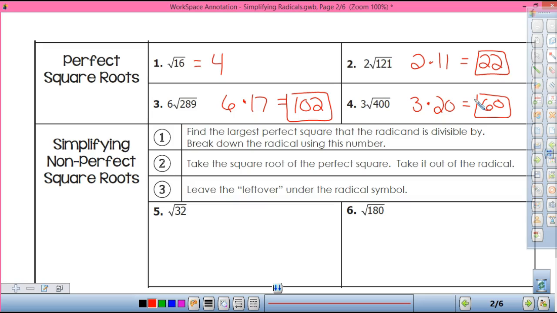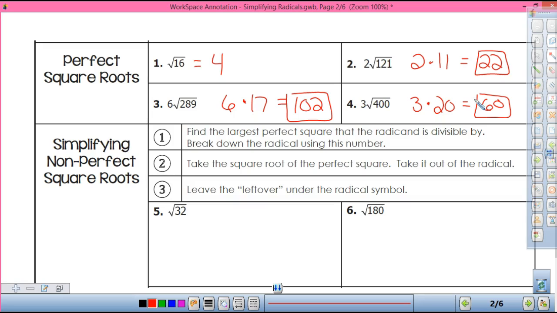All right, now for the hard part. Simplifying square roots is kind of like putting fractions in lowest terms. There's still going to be a square root hooked onto it, but we're going to simplify it to the lowest we can get it.